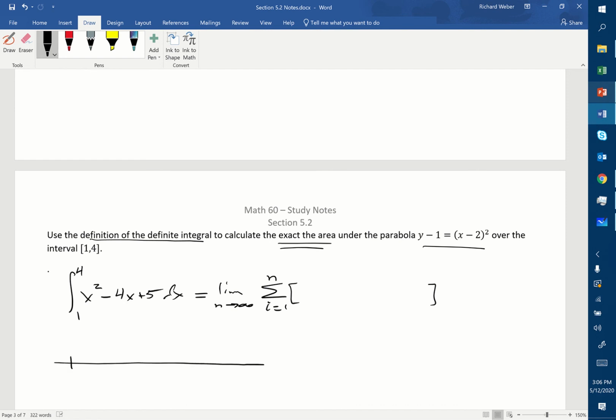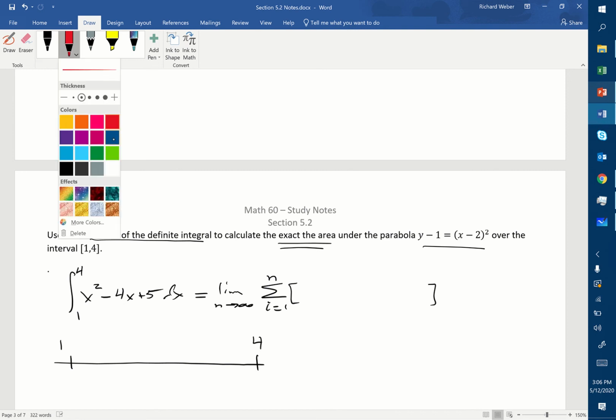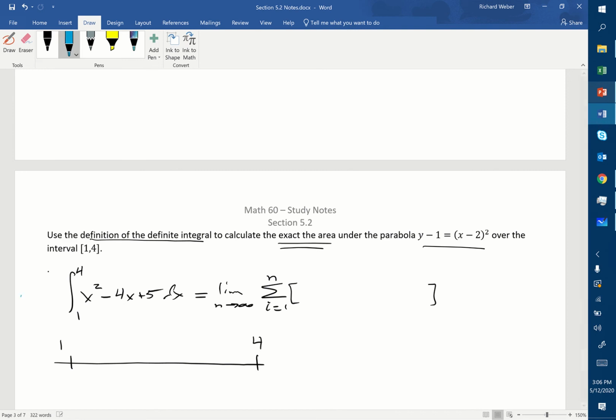So our integral is from 1 to 4, granted. And what we're going to do is split this up into n subintervals of the same length as we go through this, okay? Pretend they're all the same length. We did this in a previous lecture, but we're going to do it again.